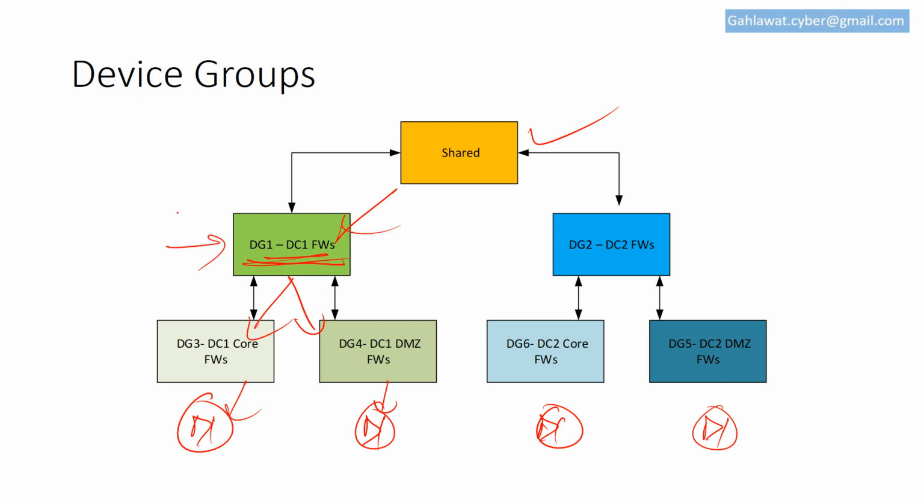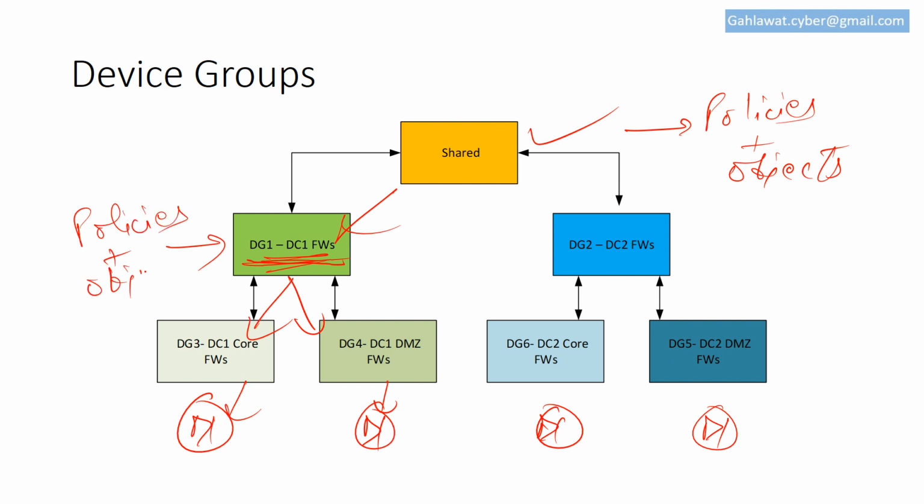Now let's say the admin created some shared objects and policies, and then some policies and objects are created under the device group DC1 firewalls, and so let's name it: this is set 1, this is set 2, this is set 3, this is set 4, and set 5 and set 6.